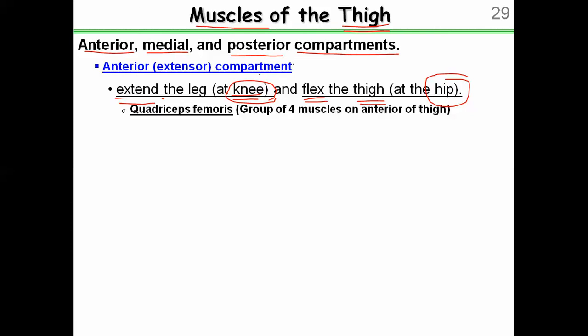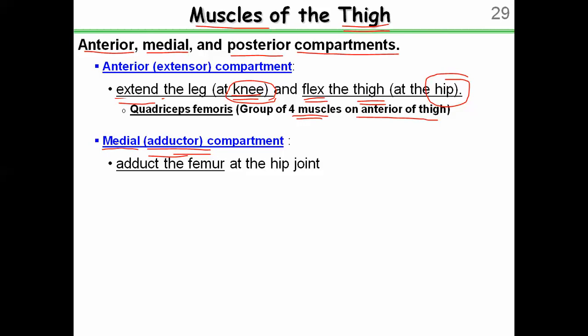They include your quadriceps femoris group, which is a group of 4 muscles in the anterior thigh. These all share the quadriceps femoris tendon. In the medial compartment, we have the adductors, and this should make sense because to adduct the leg, we need to be in the medial compartment.